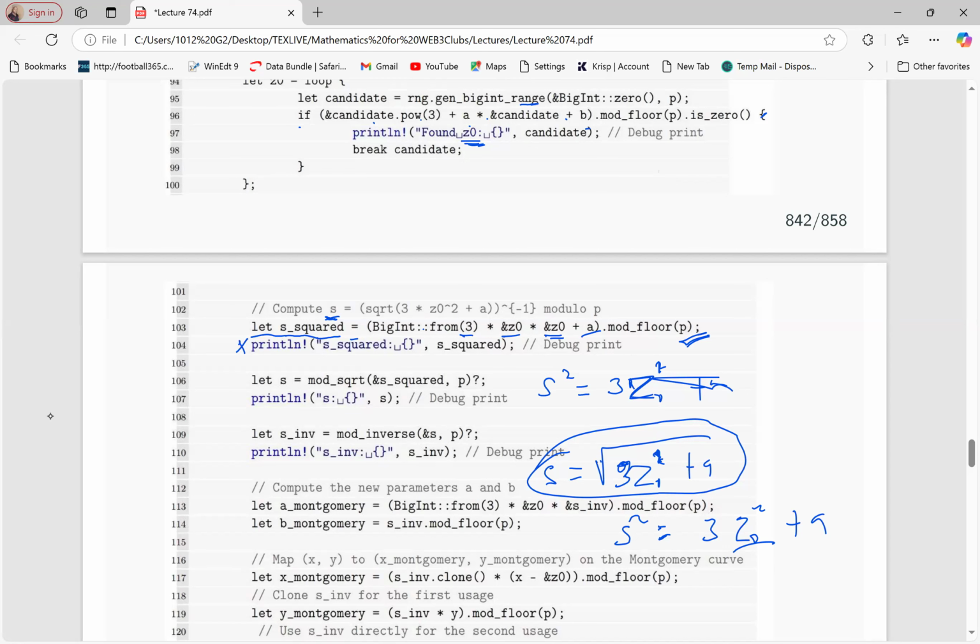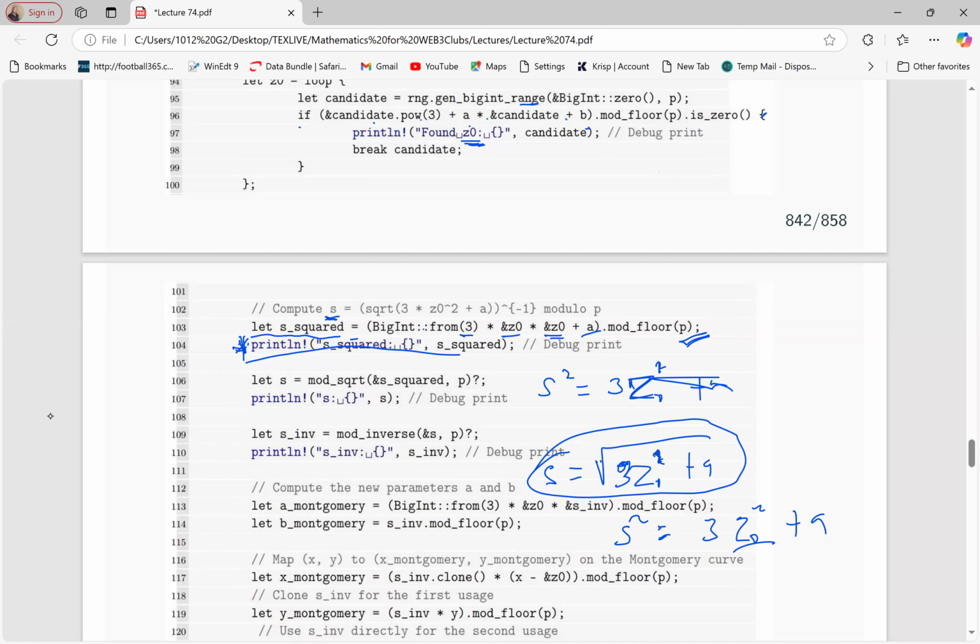You can omit this print. I just put it there to verify, because at some point it was giving me a wrong value, and I wanted to find out where it was going wrong. You don't need to print it. You only need to get S squared.